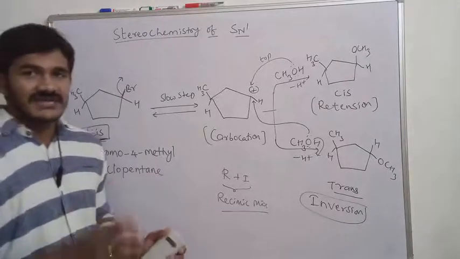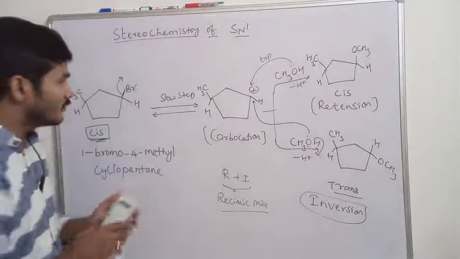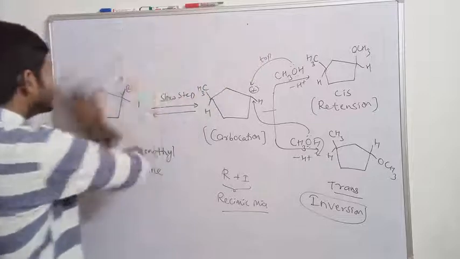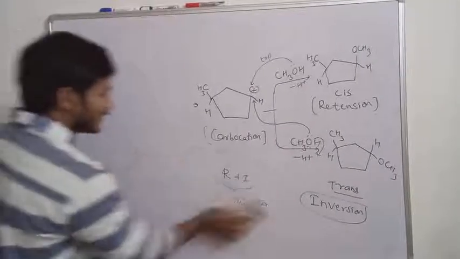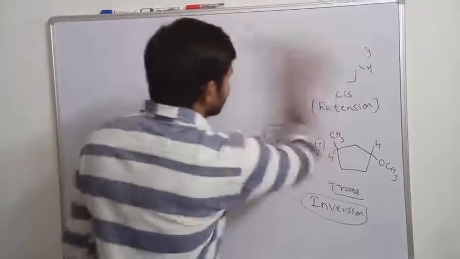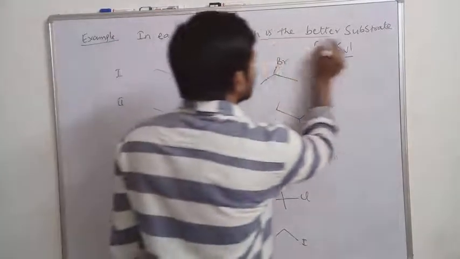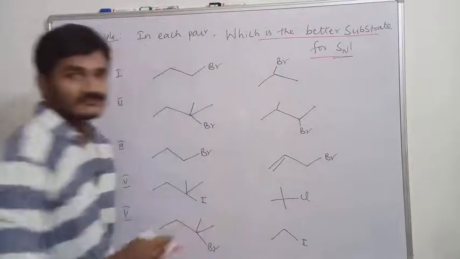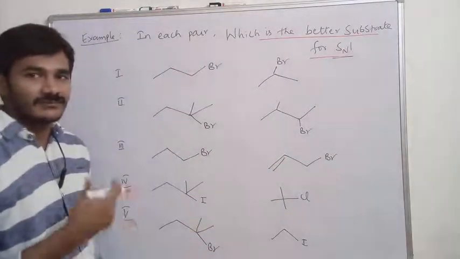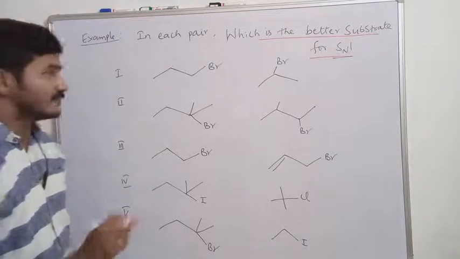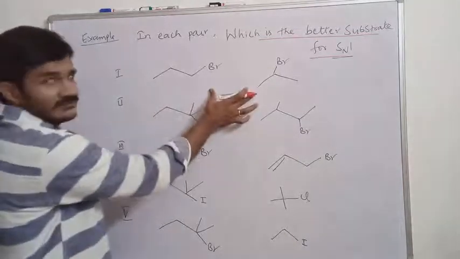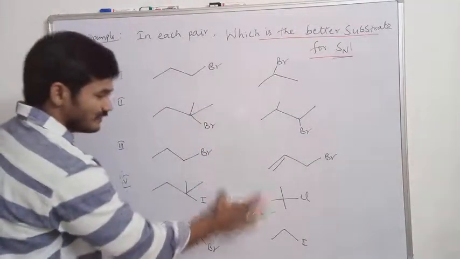Now let us see some examples which explain the nature of alkyl halides. In each pair, which will be the better substrate for SN1, which will react faster by the SN1 mechanism? Among each pair we have to answer.